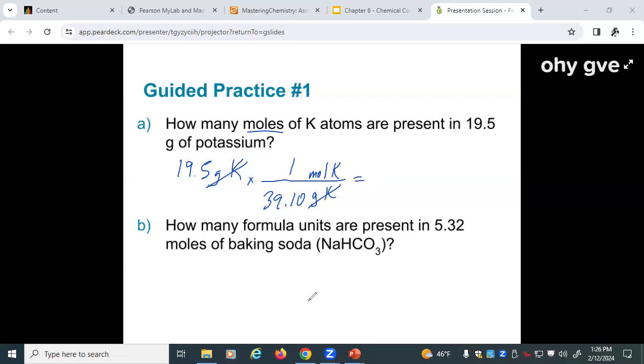And so, yes, I am dividing by the molar mass, but I can see organizationally why I need to divide by the molar mass using the dimensional analysis here. 19.5 divided by 39.10 to 3 significant figures, because I started with 3 here. I've got 0.499 moles of potassium.